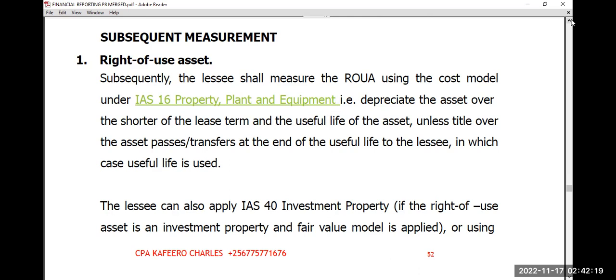Because as we saw from IAS 40 investment property, subsequently investment properties are measured at fair value. So we use the fair value model, or we may use the revaluation model.